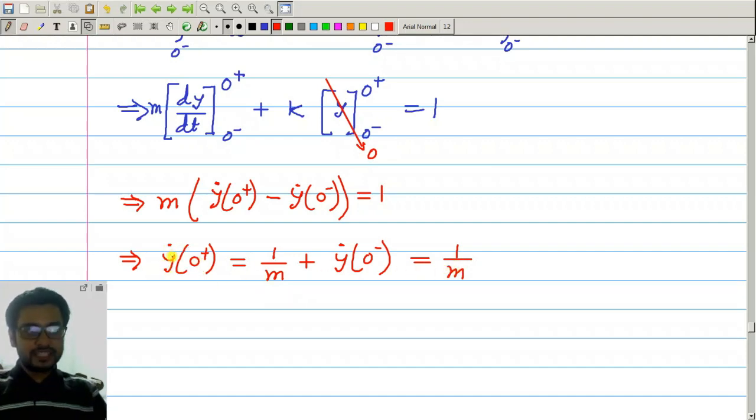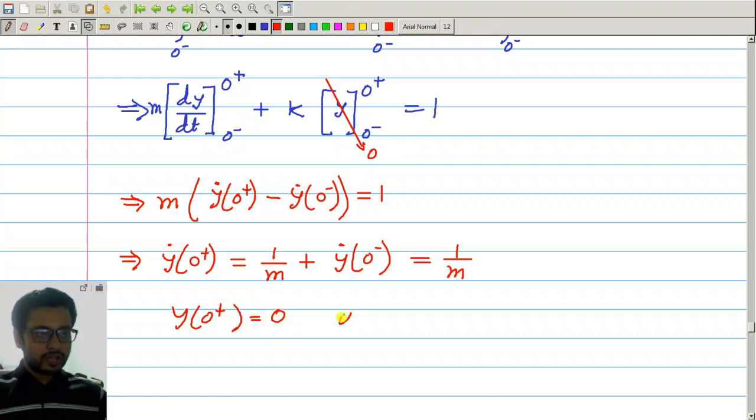The velocity after the force is applied is equal to 1 over mass, and this 1 is nothing but the moment of the force, that is the area under the force, which is 1. So we have y(0+) equal to 0 and y dot(0+) equal to 1 over m.